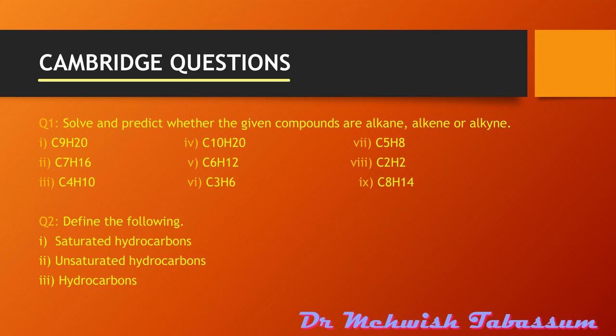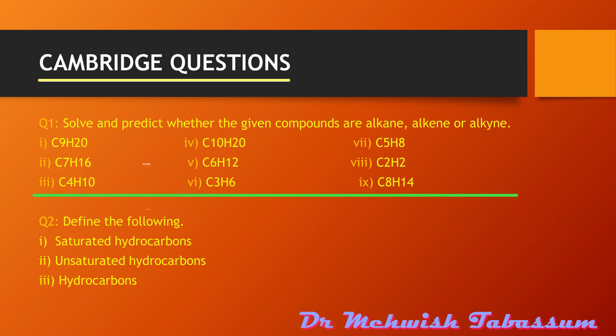So what type of questions can you face in the Cambridge paper? Very first is solve and predict whether the given compounds are alkanes, alkenes or alkynes. As I already mentioned in the summary section, what you have to do if we have C9H20, that is whether nonane, nonene or nonyne, is to use the general formula of alkane, alkene and alkyne.